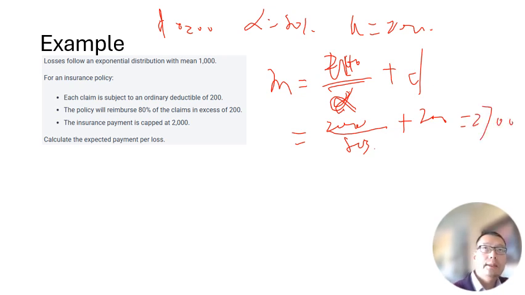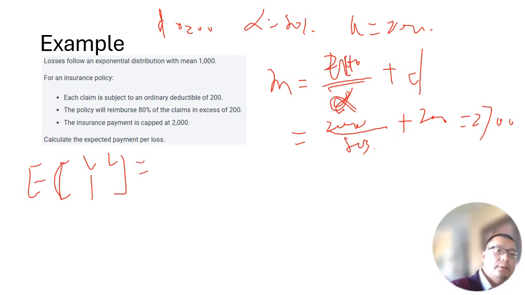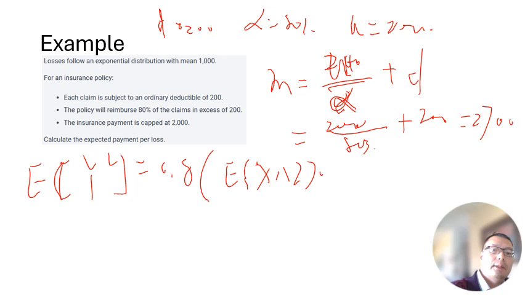So once you get this, the rest is easier. It's just applying the formula. E[YL] is equal to 0.8 times E[X capped at M, which is 2,700] minus E[X capped at 200].